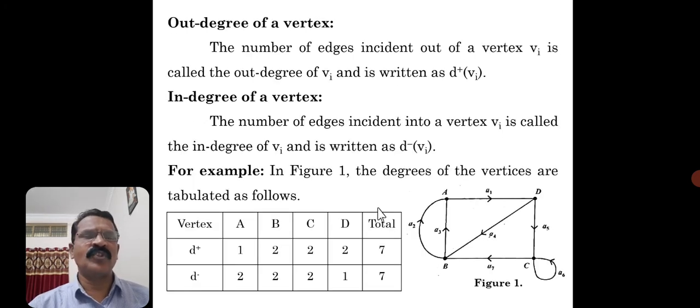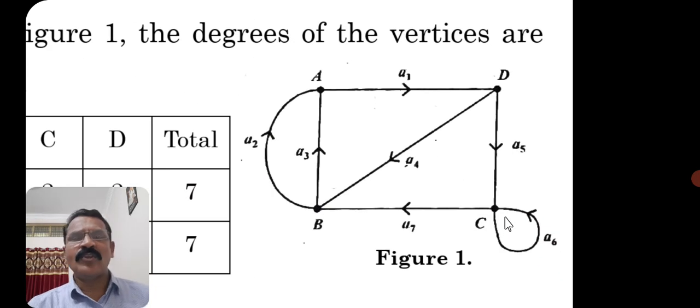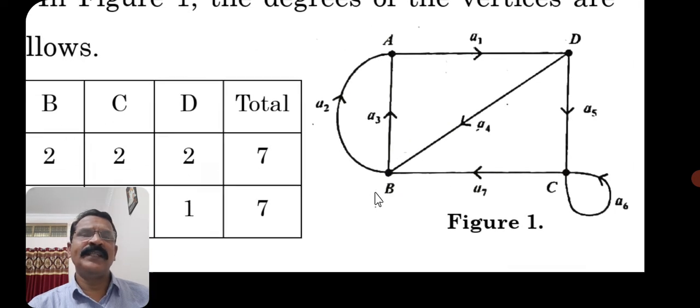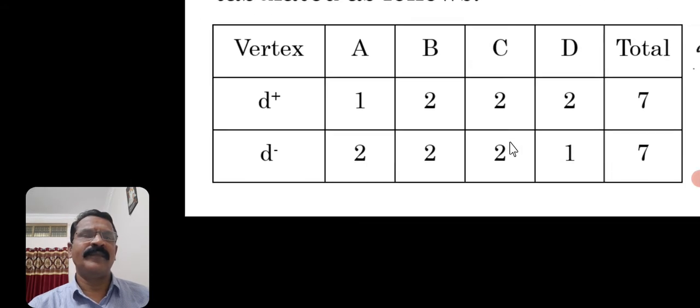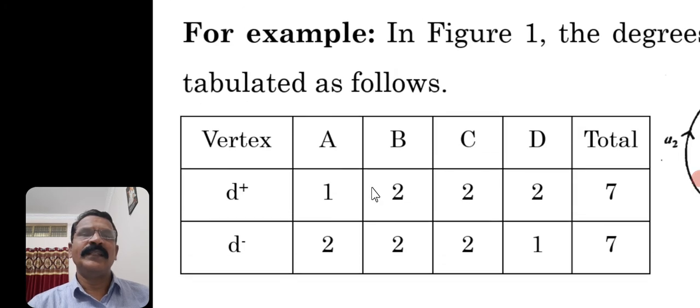Let me ask you the question: is there any isolated vertex in this graph, or is there any pendant vertex in this graph? If you see the table, yes, the sum of the out degree and in degree of every vertex is more than 1.